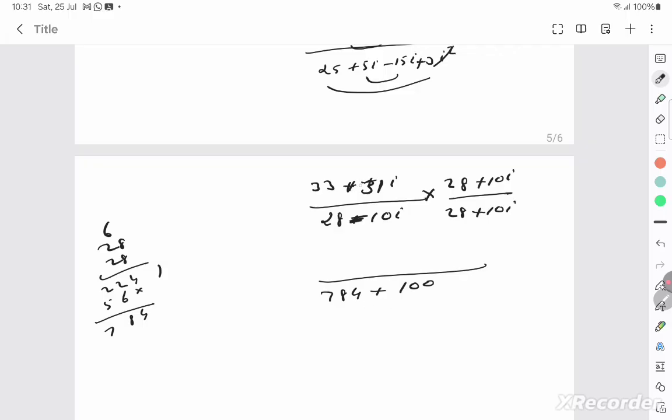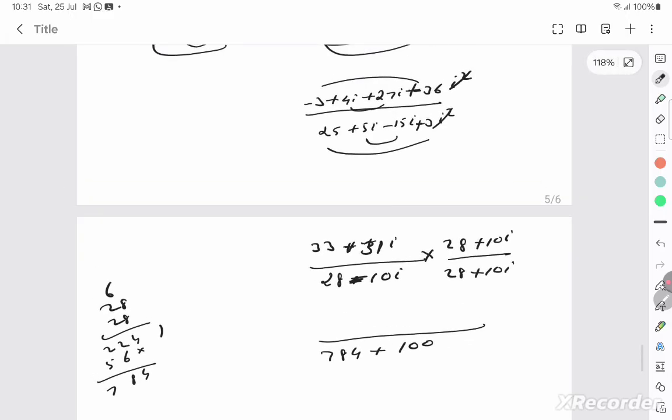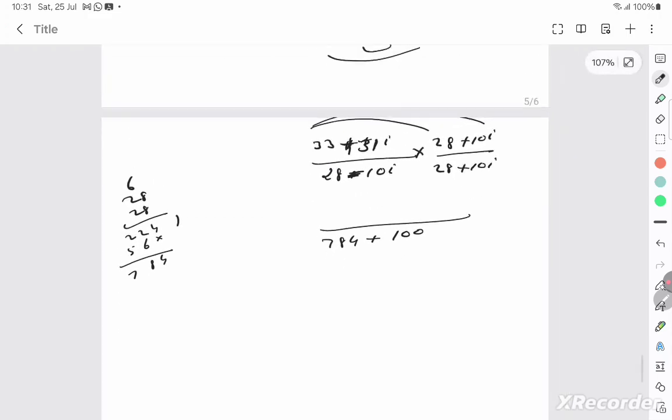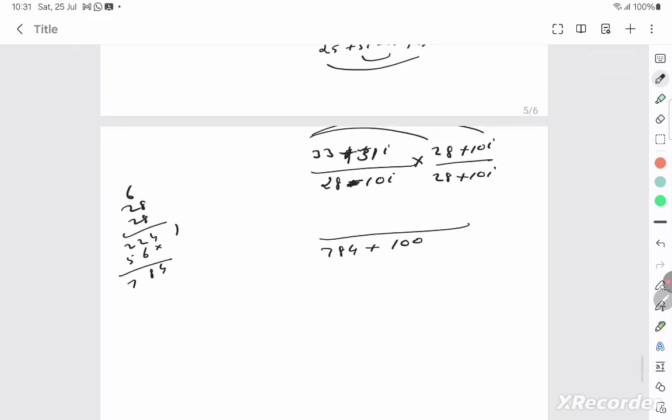The numerator, you have to now take it in and solve it. It is 33 plus 31i, right? So you have to take it in like this and multiply, and then you will get the final answer.